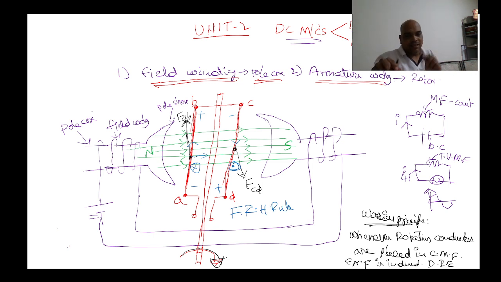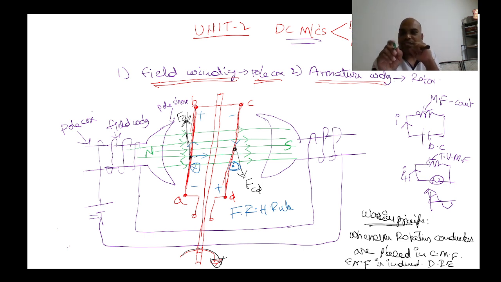See, this is conductor AB. In this conductor, which type of EMF is induced? Cross. In this conductor, which type of EMF is induced? Dot. So let us say cross is positive, and here negative. But after half a rotation, initially the force direction is upward, but after half a rotation, the direction of force is downward.